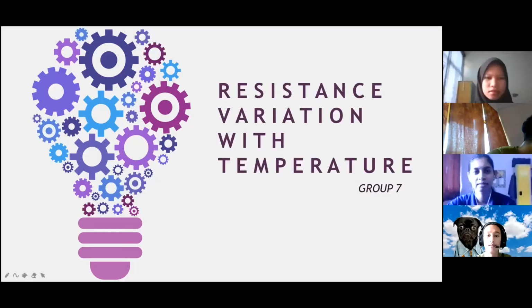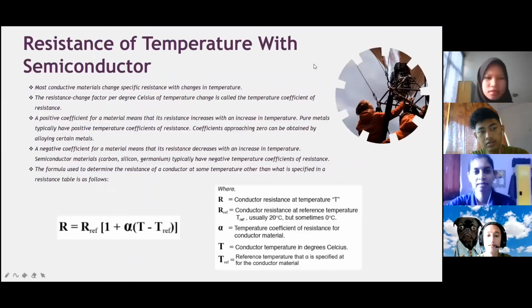For my part, I want to talk about resistance of temperature with semiconductor. So what is a semiconductor? A semiconductor is a conductive material that can change specific resistance with change in temperature.